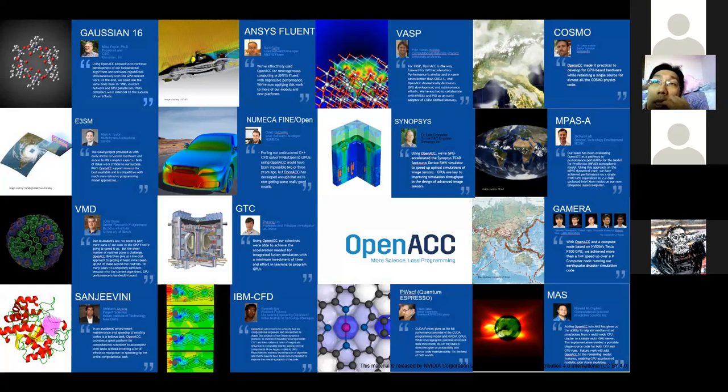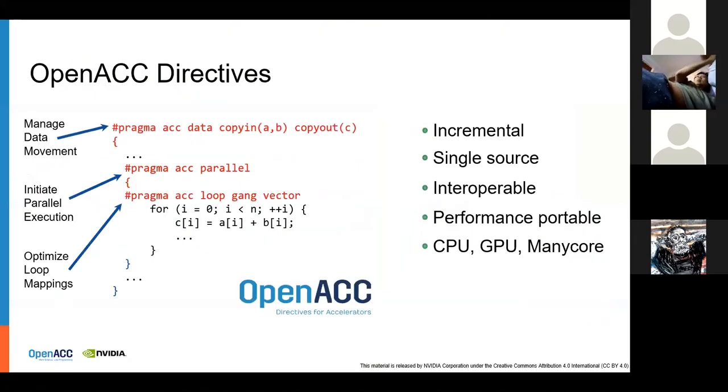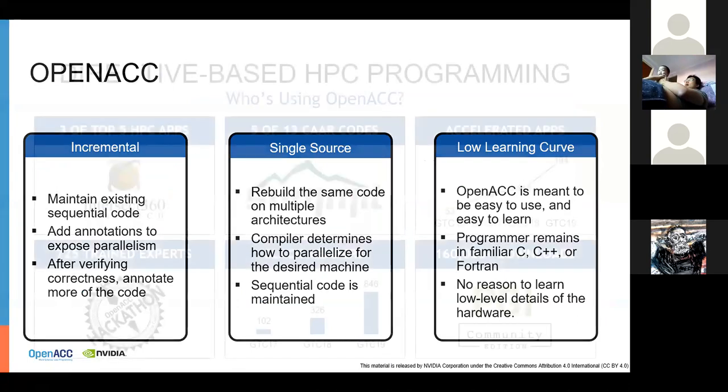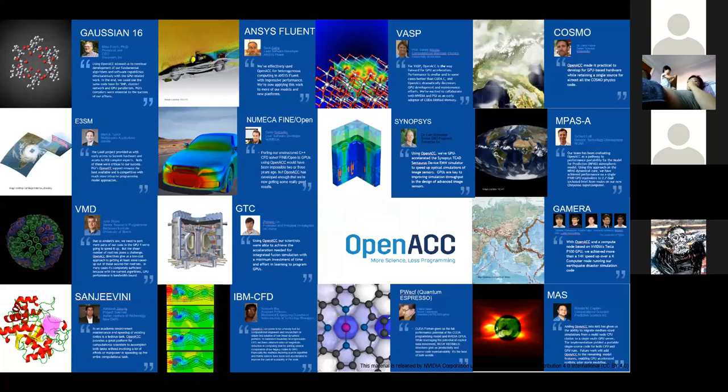Okay, so did you see those first slides? I was commenting on them. Okay, perfect. So you see that there are a lot of applications, and academic ones, which are using OpenACC.